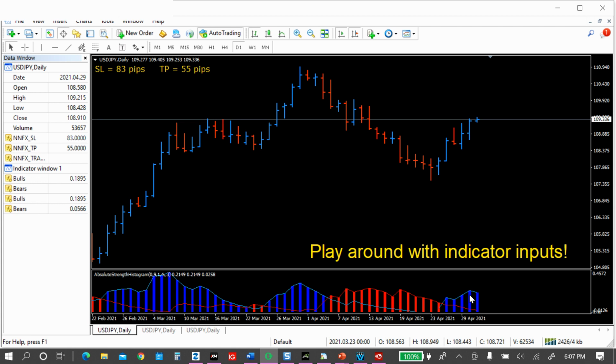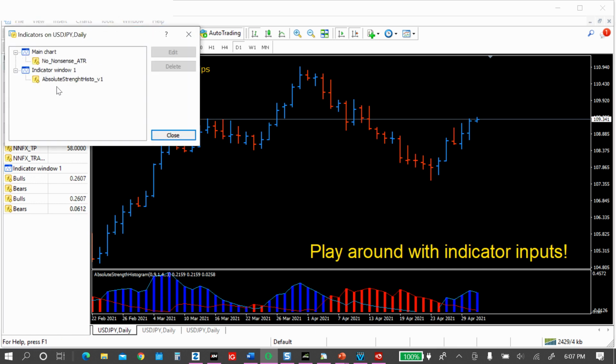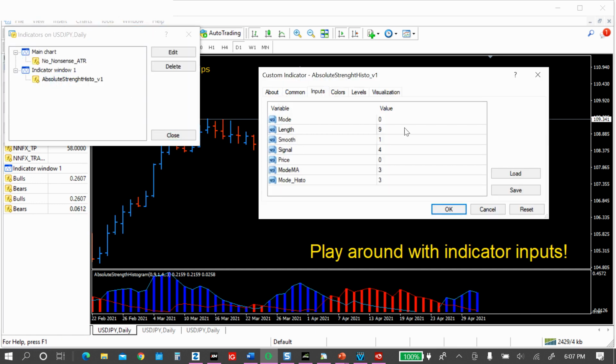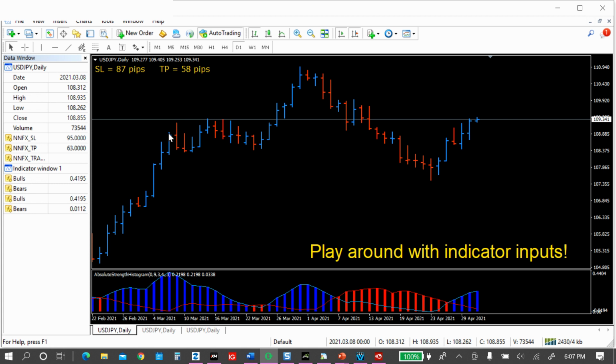They're a little jumpy. So what do you do? You open up your indicator and say, okay, let's smooth it out a little. Let's try a smoothing factor of 3. And you just trial and error, and say, okay, this is looking a little better. Maybe it's less jaggedy. Let's see what else we can do.